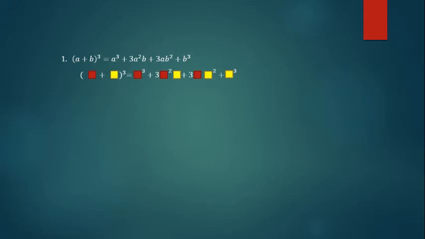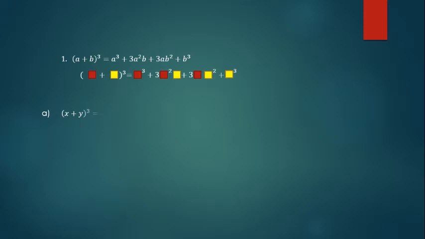Instead of those red boxes, if we place X, and instead of the yellow box we place Y, then you can see that they are taken together with those brackets and then cubed. So we can replace all those red boxes with X and all those yellow boxes with Y on the right hand side. So it's all about looking and observing the patterns and following that.